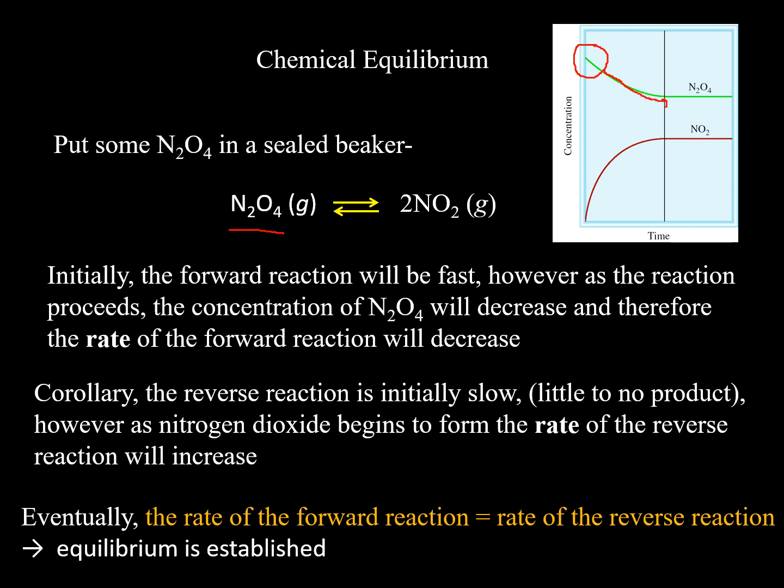Conversely, if we look at the NO2, at the very beginning we don't have any in our beaker, but over time it's going to increase. It's going to start forming, and eventually it will level off the concentration.